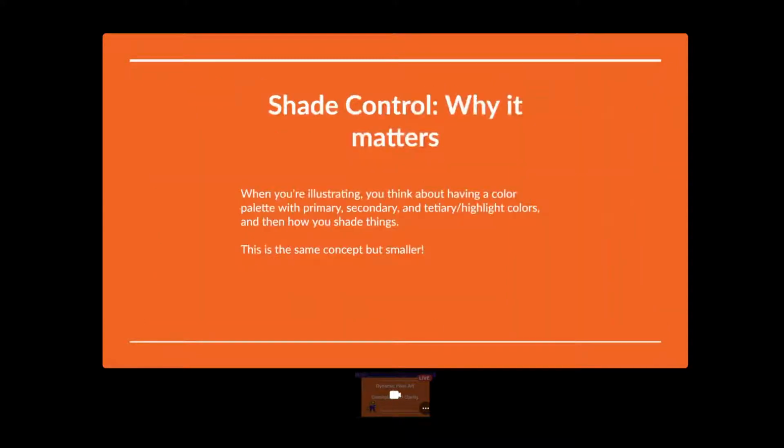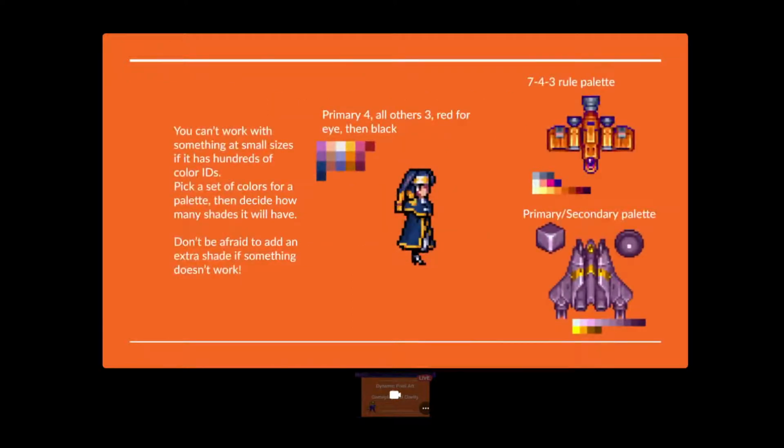So, shade control. This is the big one, and we're officially getting into how to make this stuff. Shade control is, I want to say, the second most important part of all of this, because you don't want to work with something that has a whole bunch of extra colors.